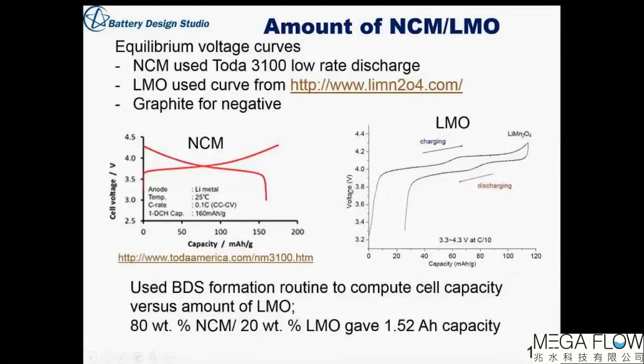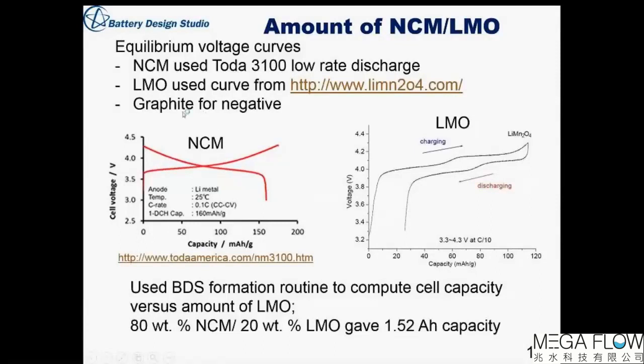Okay, for the actual formulation of the positive electrode, we knew from the publications that were cited earlier that the positive electrode was a mixture of nickel cobalt manganese, NCM, and lithium manganese oxide, LMO. So for the NCM voltage curve, we took a commercially available material from their website and got the voltage curve. And for the LMO, we also got the voltage curve from a website.